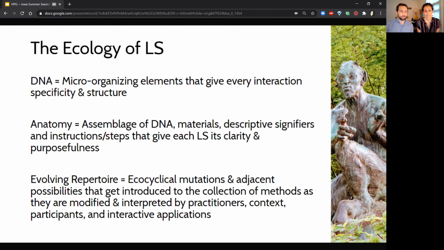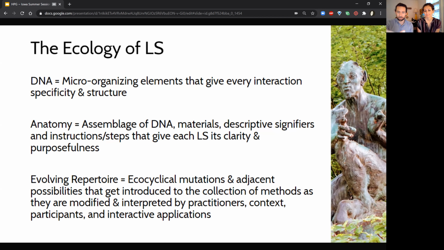So one of the ways that we tend to think about this is in three scales, and it's fun to think of it a little bit as an ecology. There's the scale of the DNA, which is what we'll talk about next. There's the anatomy, which is what happens when all of the DNA gets combined into an assembly.